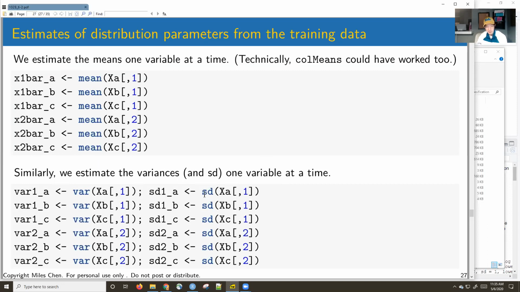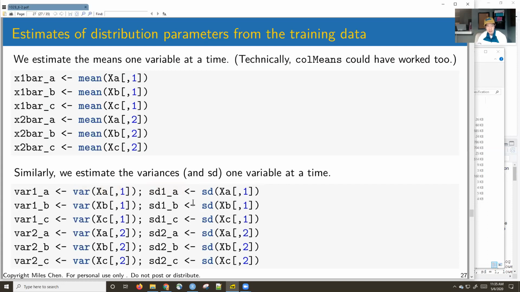So basically, I take the column of x1 and calculate the standard deviation. You're just taking one column at a time, and you can calculate the standard deviation, or the variance.